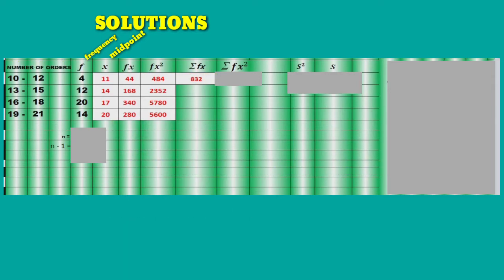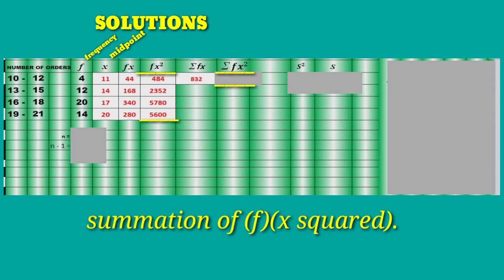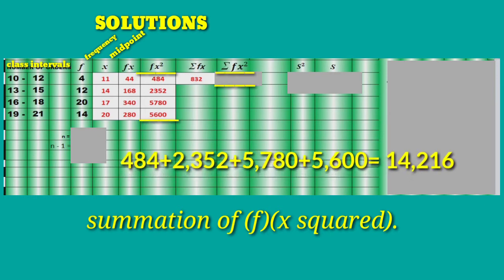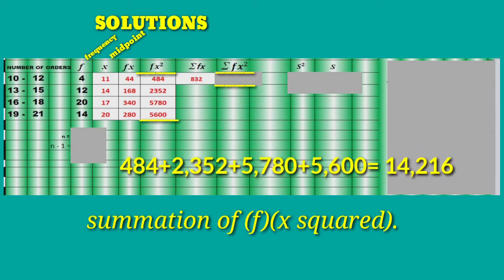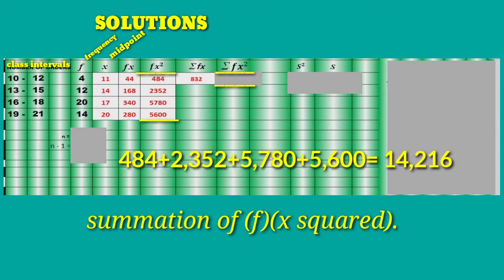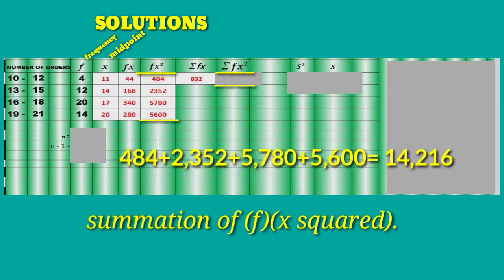Right, for the next column, the summation of fx squared. How did we get that? That is coming from fx squared. That is adding all fx squared, and the result will be the summation of fx squared. Now add 484 plus 2,352 plus 5,780 plus 5,600.